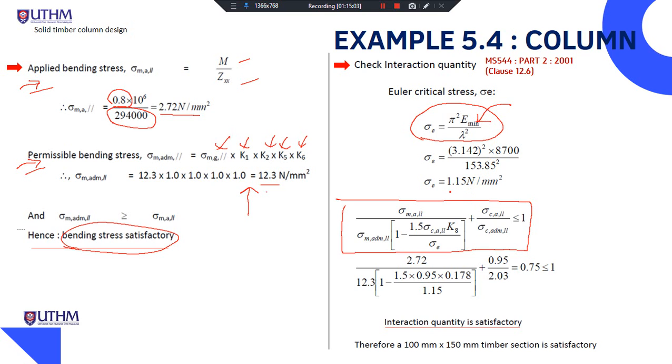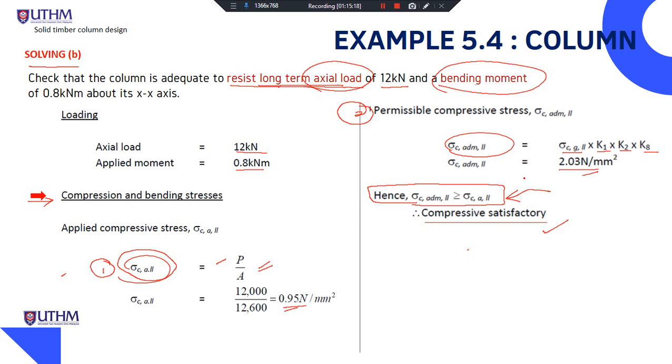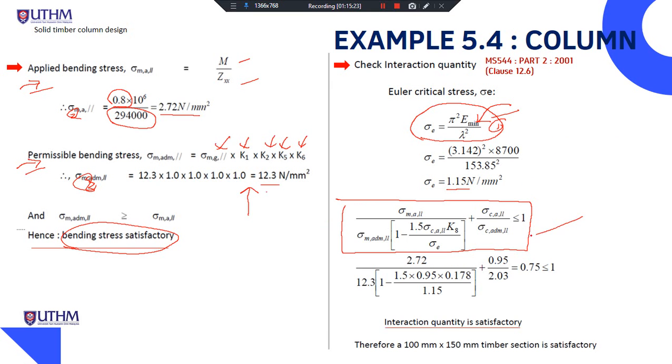Finally we get the Euler critical stress equal to 1.15, and we substitute all these calculated values 1, 2, 3, 4 and 5 into this equation. We get 0.75, which is less than 1. Thus, this proposed 100 mm multiplied with 150 mm is satisfactory.